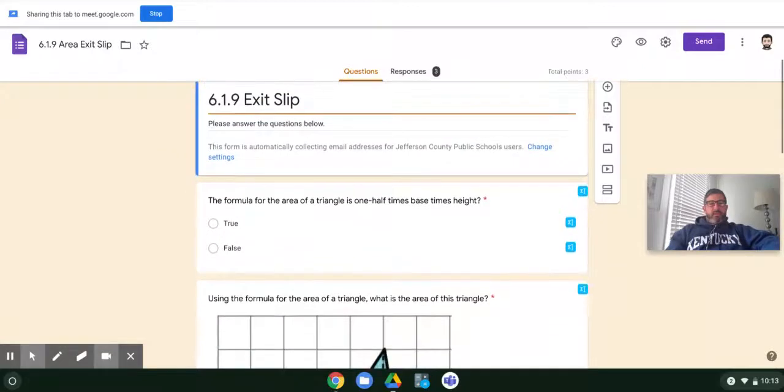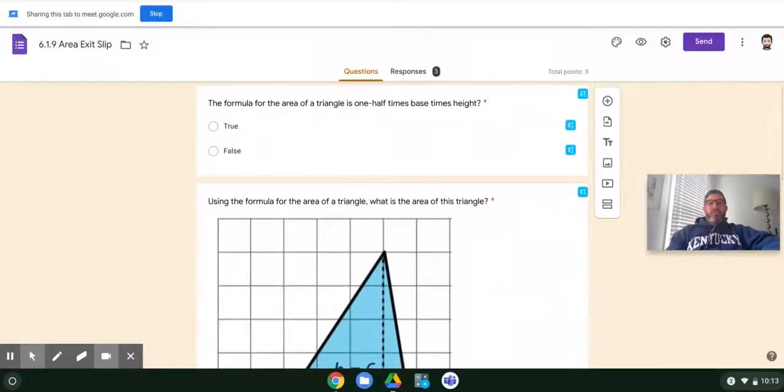All right, can you see 6.1.9? Okay. So based on what we just talked about, how we found the area of that triangle using a parallelogram, we know the area of a parallelogram is what again? Base times height.